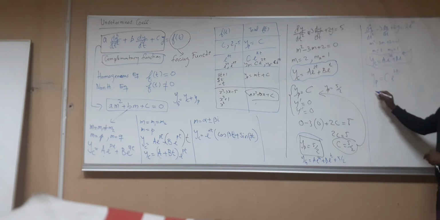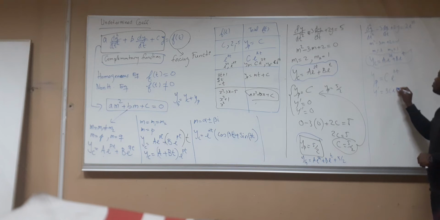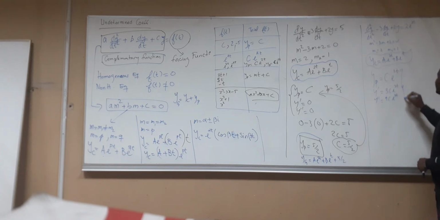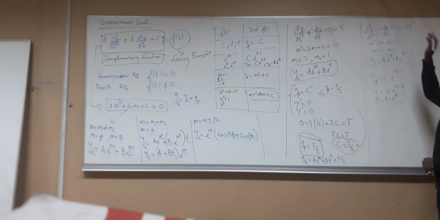So I differentiate my yp, I will have 3c e to the power 3t. Second differentiation, I will have 9c e to the power 3t. We're going to take this information and put it back into our original equation.